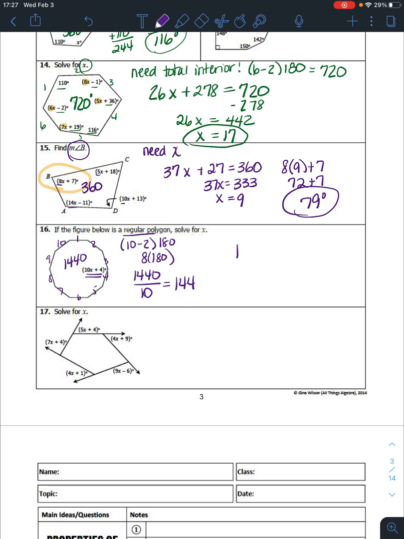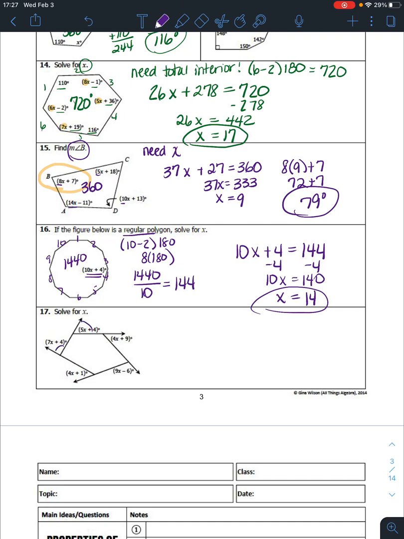So that means that 10x plus 4 is equal to 144 degrees. Subtract 4 from both sides, you get 10x is 140, or x is equal to 14 if you divide both sides by 10.